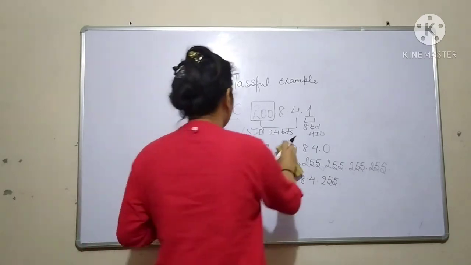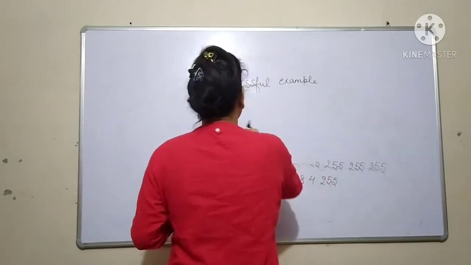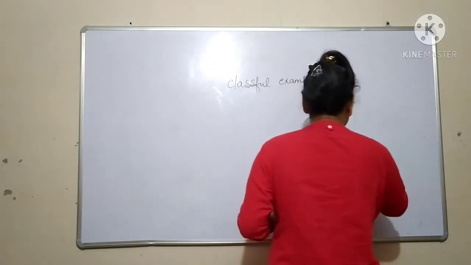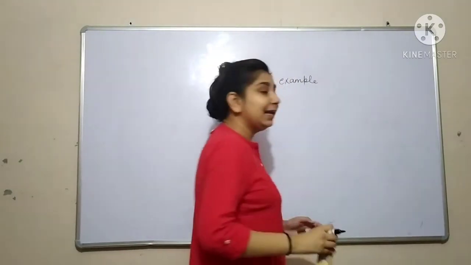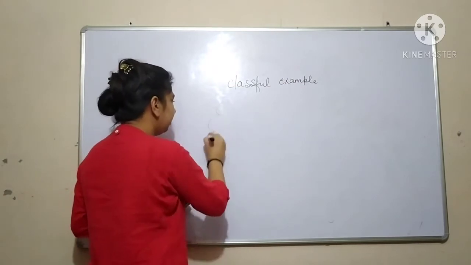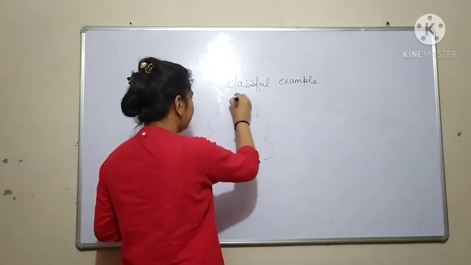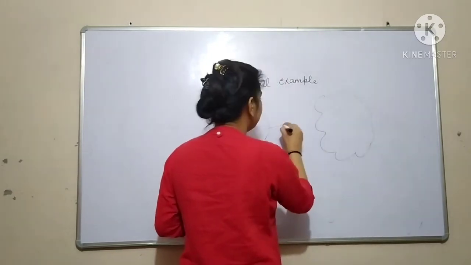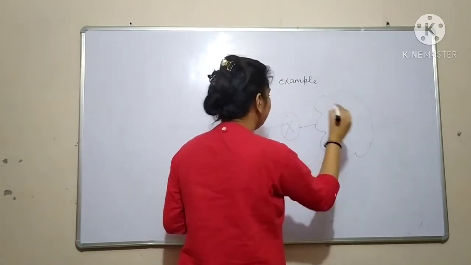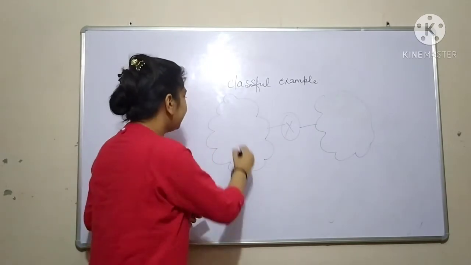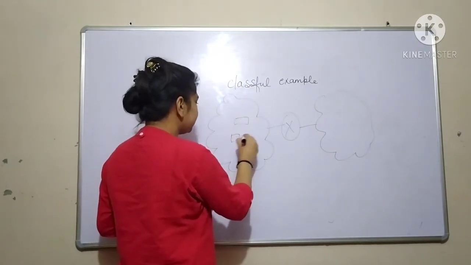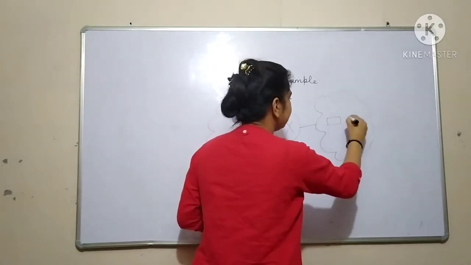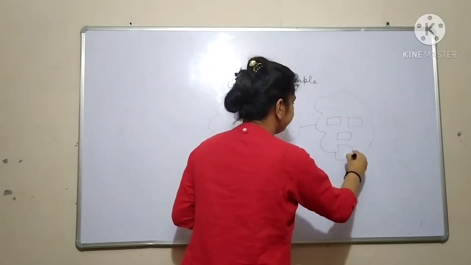Okay. So let me quickly summarize. Let's suppose I am having this network and I am having this network. Both these networks are connected through a router. Okay, so there are many hosts present in the network. These are hosts.